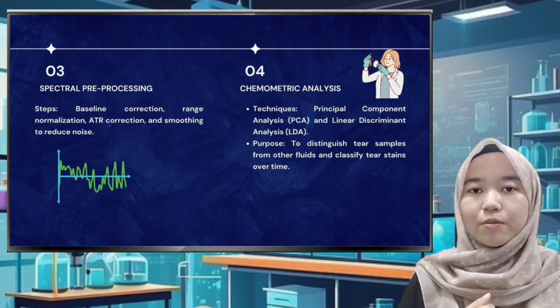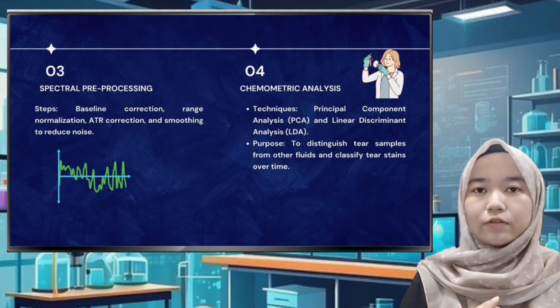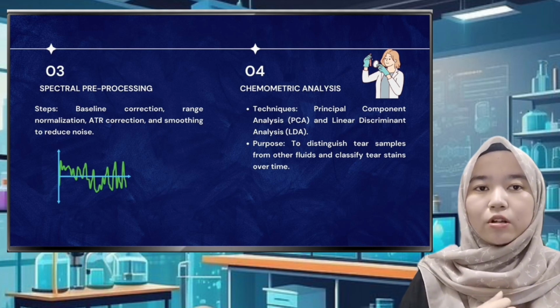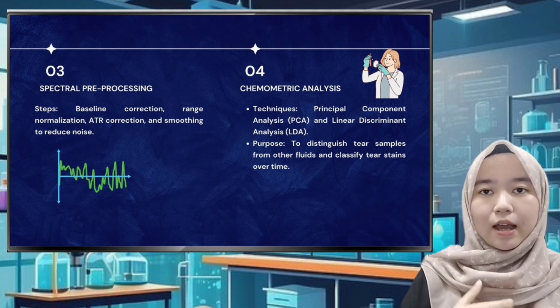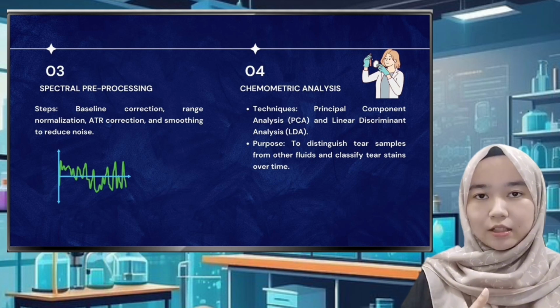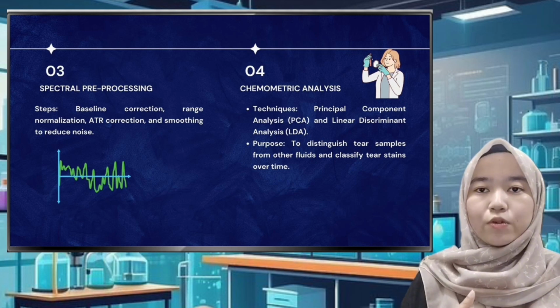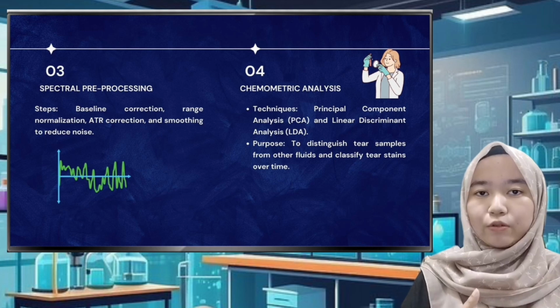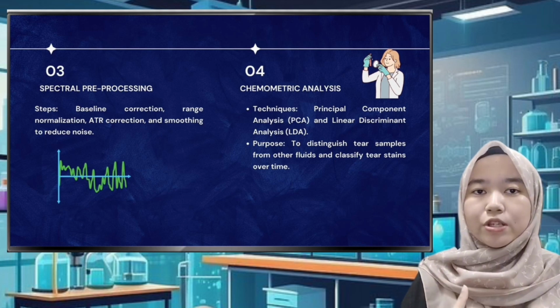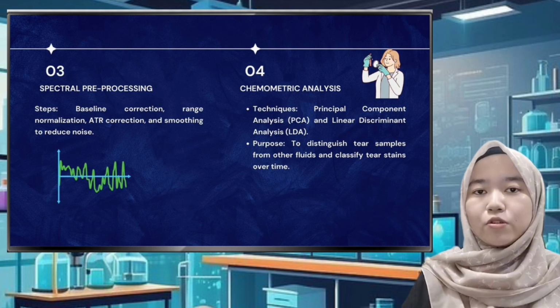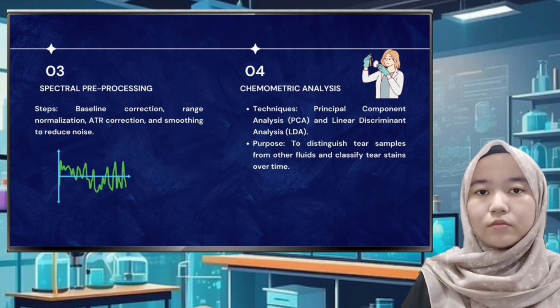The last one is chemometric analysis. For the analysis and discrimination of the tear samples, principal component analysis (PCA) and linear discriminant analysis (LDA) were employed. PCA was used to detect and distinguish tear samples from other body fluids and water by reducing the dimensionality of the spectral data and highlighting the most significant variables.